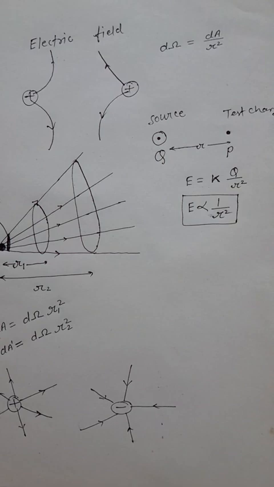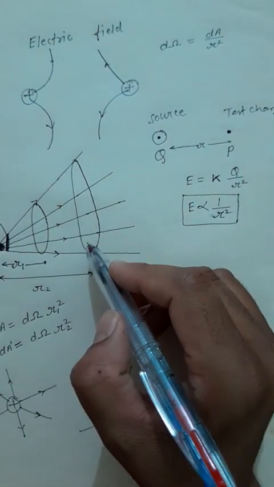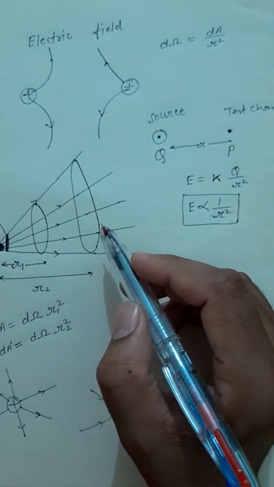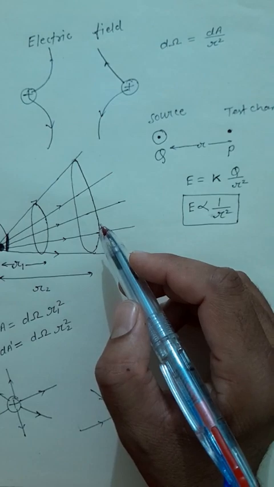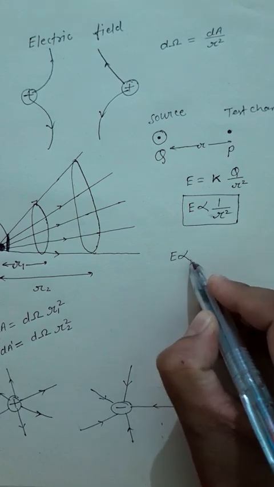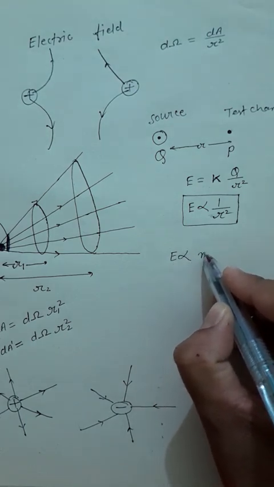And suppose there are n number of field lines passing through these areas, and we know that the electric field depends upon the number density of electric field lines.